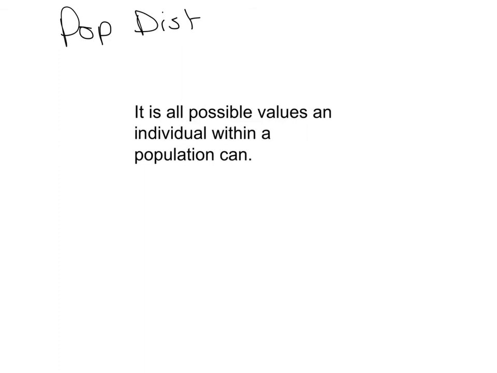With sampling distributions, we're looking at the value of an entire sample, but with a population distribution, we're looking at a single thing. In this case, with the dice, we are looking at 1 dice, and all the possible values of 1 dice are 1, 2, 3, 4, 5, 6.